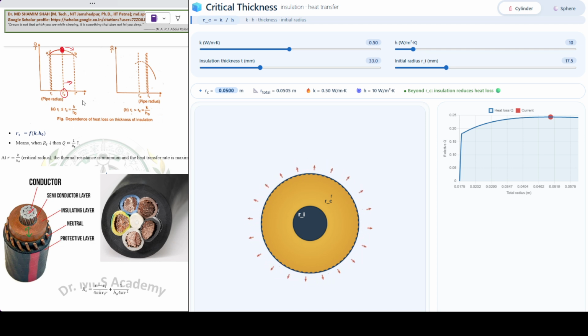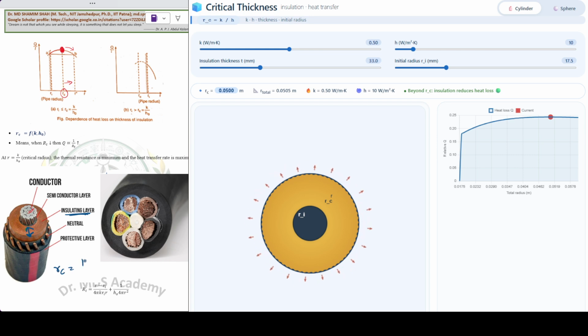This is our thickness. The same thickness I have shown here. Why is the insulation layer provided? It is provided to remove the maximum amount of heat.